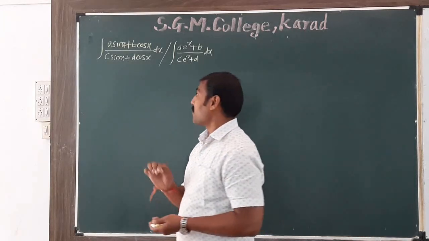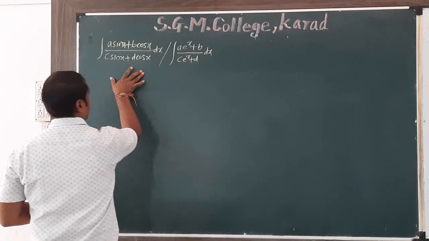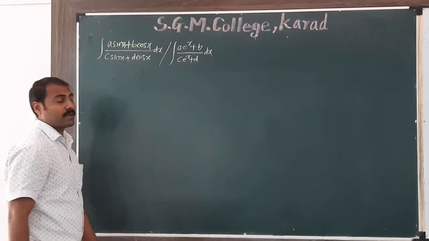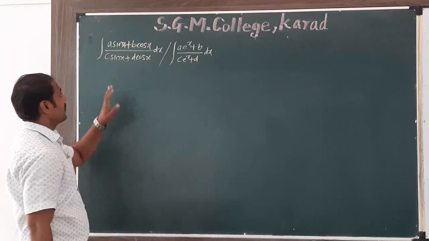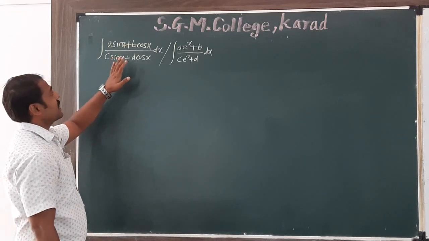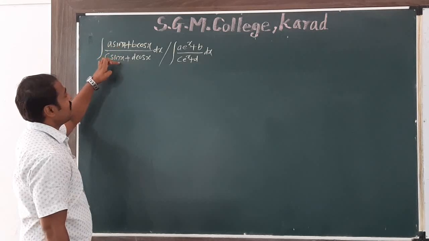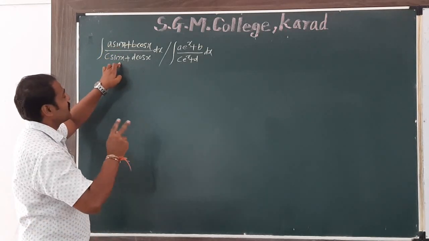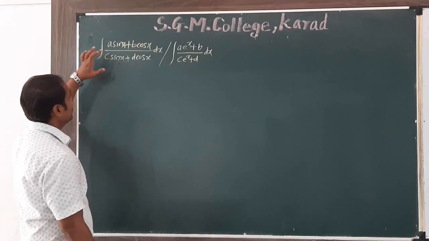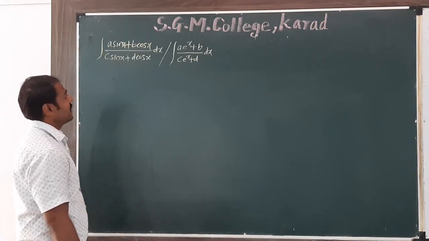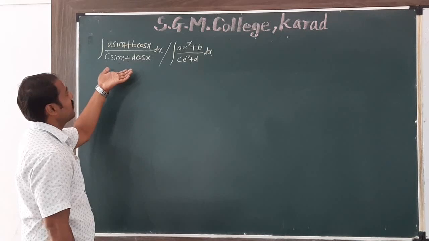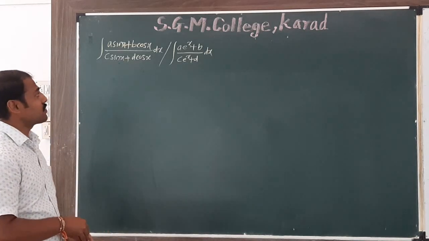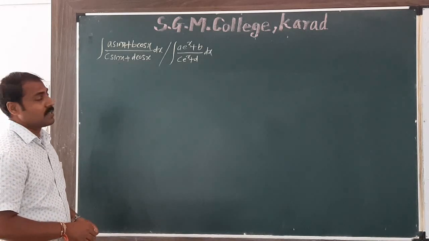Remember one thing, it is a first type of trigonometric function and a first type of algebraic function. When the terms of sin x and cos x are in the numerator and also in the denominator, or one of the terms is present inside the integration, then the example is of the type integration of (a sin x + b cos x) divided by (c sin x + d cos x) dx.